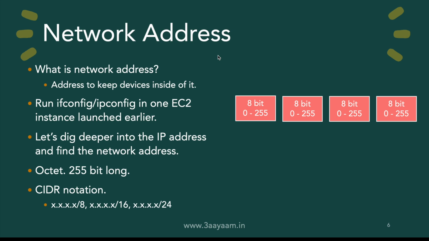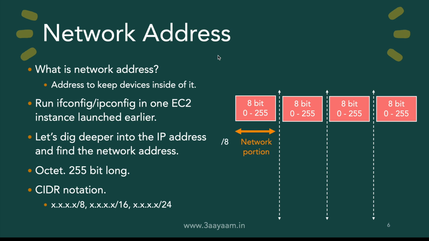In our case, it is 10.0.2.64, and each octet is 8 bits in size. Now if I divide it by 3 dots, these are the 3 dots. When you mention the network address to be /8, it means that the first 8 bits belong to the network and the last 24 bits belong to the devices. So we can have 255 times 255 times 255 devices in a /8 network address.